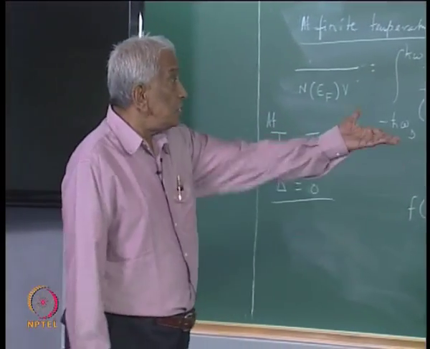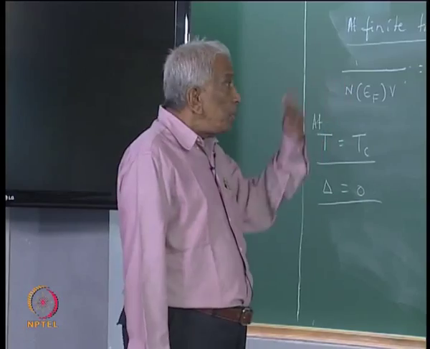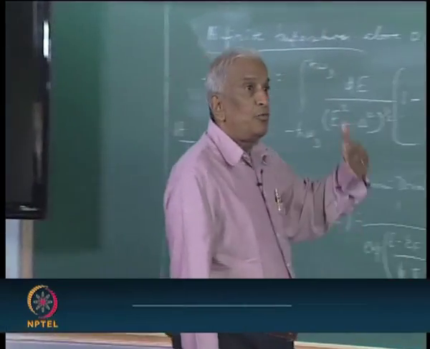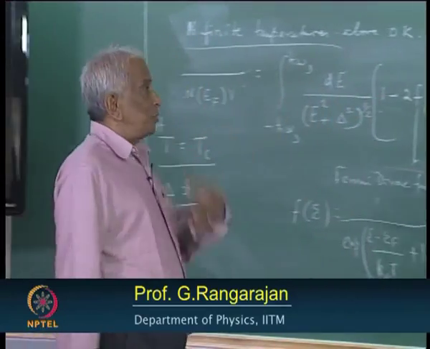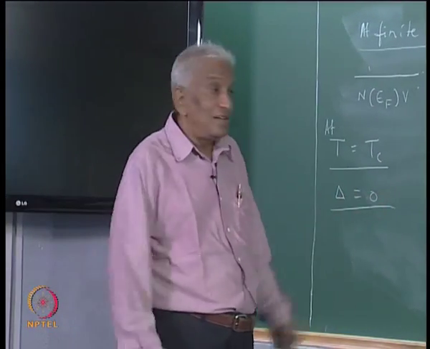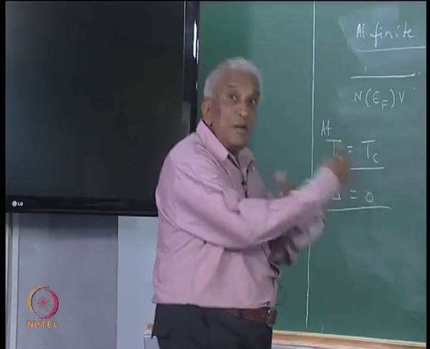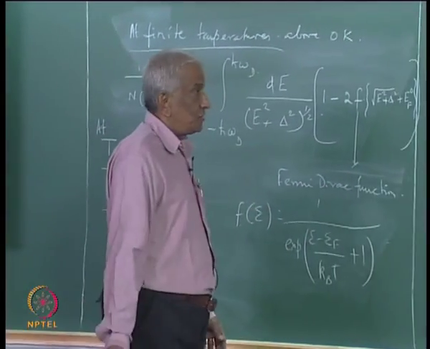So, based on this, the superconductors have been classified as weakly coupled superconductors, strongly coupled superconductors in which the BCS theory is not obeyed, and intermediate coupled superconductors.